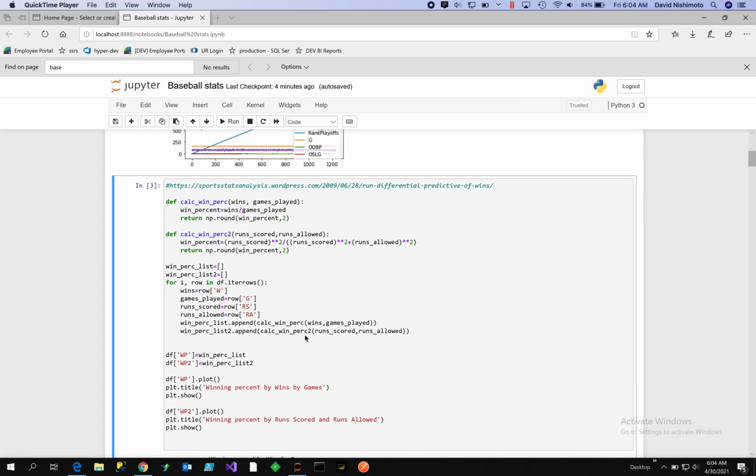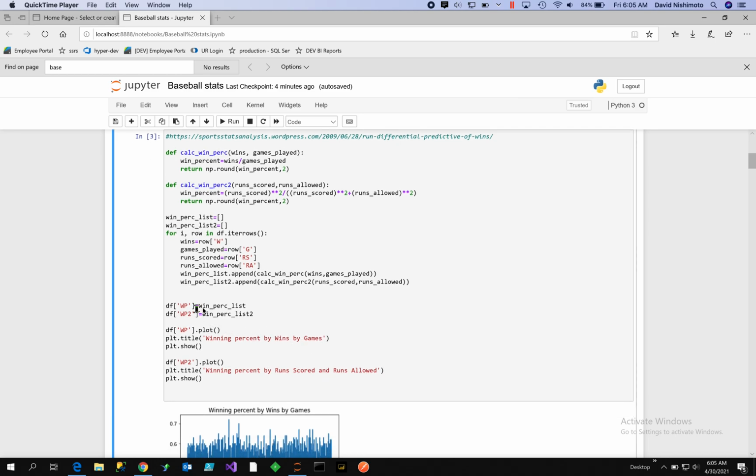If you're hitting the ball out into the field and you're scoring, and the runs scored are high, then the odds are that you're going to win. If you're defensive and you block the opponent from making runs, then you keep your runs allowed low, then your winning percent goes up.